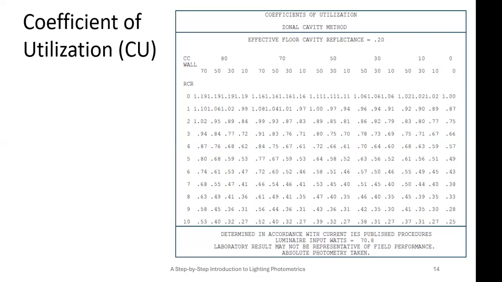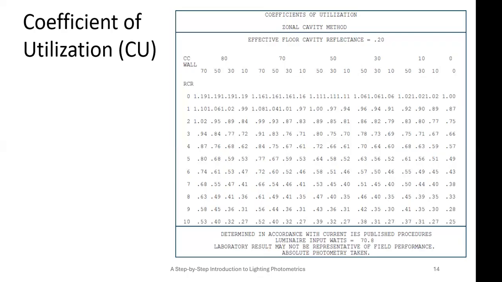Let's take the opposite of that, where you have a large open office. So you've got a lot of floor square footage, and the walls are far apart. So there's much less wall space compared to floor space. All right, so that calculates into something we call RCR, or room cavity ratio, and we'll talk about that more.